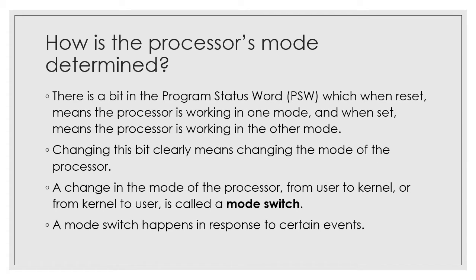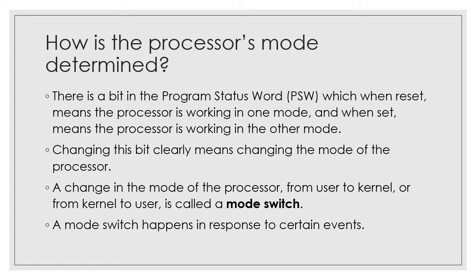The first question that arises is how does a processor know which mode it is executing in, or how is the processor's mode determined? There is a bit in the program status word which when reset means the processor is working in one mode, and when set means the processor is working in the other mode.